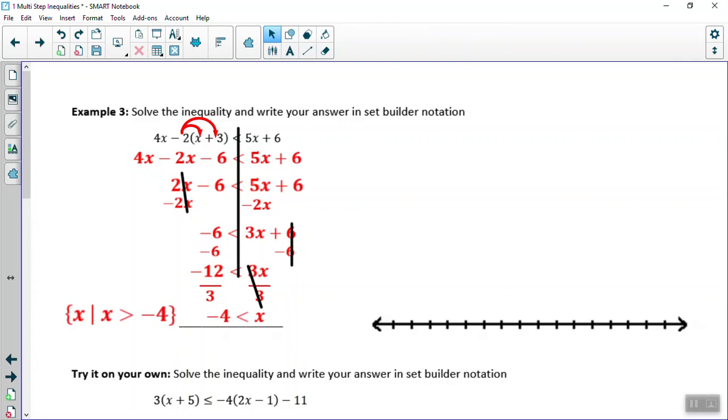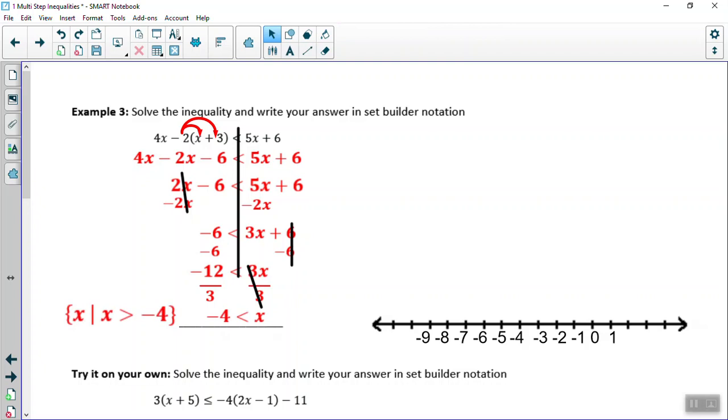All right, so now let's write or graph our inequality. So I need all values that are greater than -4. All right, so I need to make a number line. So I'm going to put that -4 somewhere in the middle and then just build around it. So I need all my values that are greater than -4.